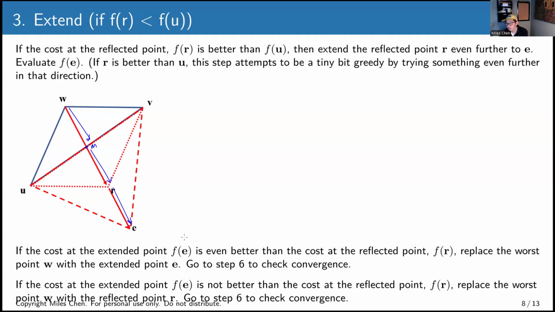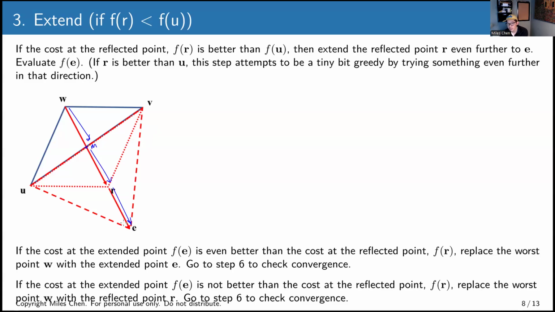If the cost at the extended point is even better than the reflected point, then we will take the extended point and we'll replace the worst point with the extended point, and our new triangle, our new simplex will be U, V, and E. Okay.